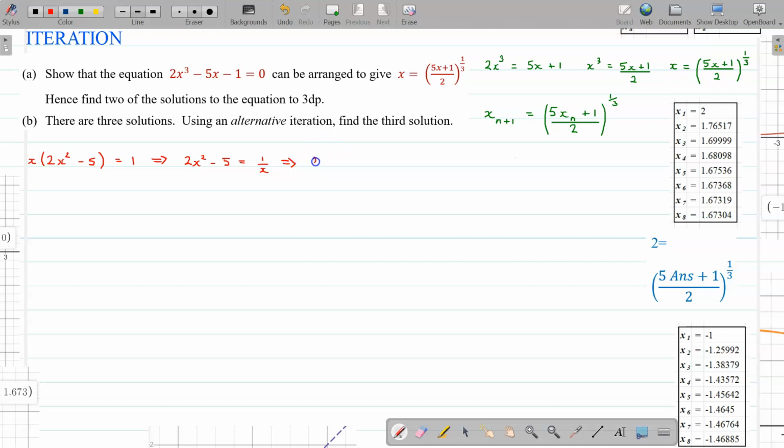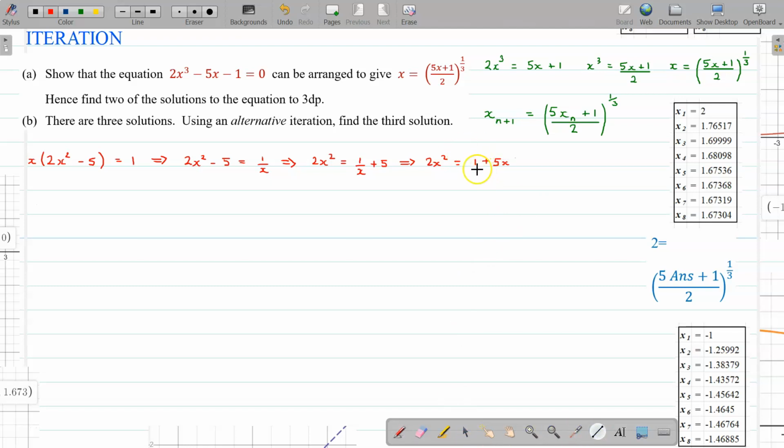So I've got 2x squared equals 1 over x plus 5. And I'm also going to write that now as 2x squared equals, with a common denominator of x, 1 plus 5x all over x.